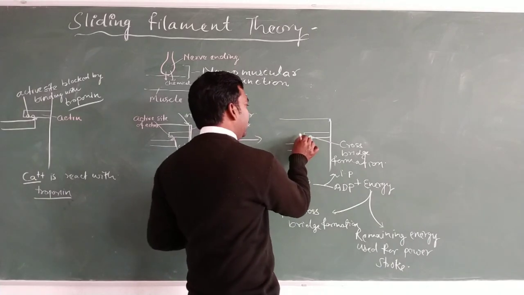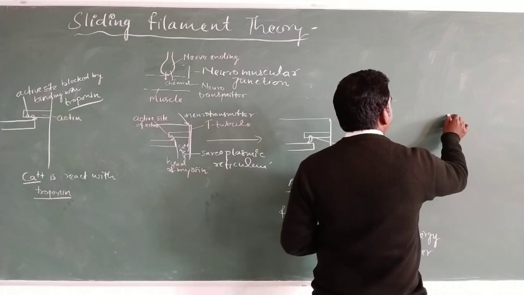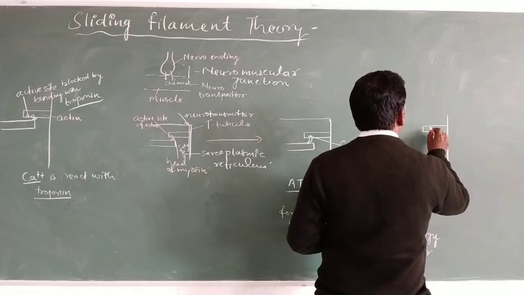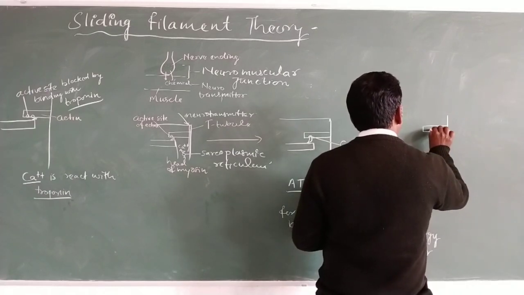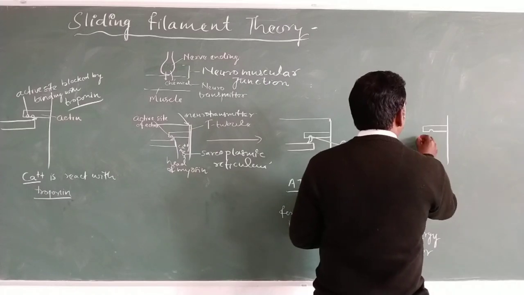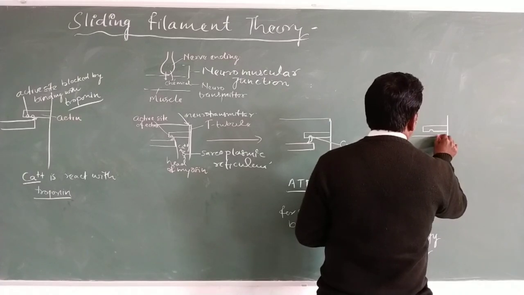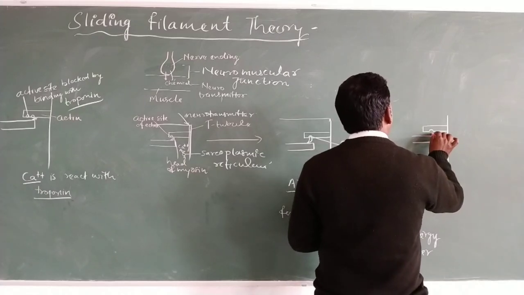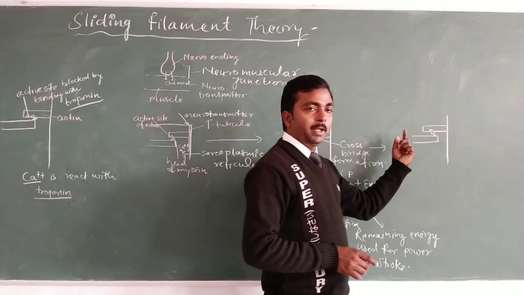In this way, after cross bridge formation, in the next stage, you will see the myosin head. Myosin head pulls the actin fibril.